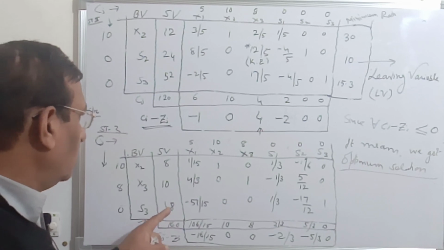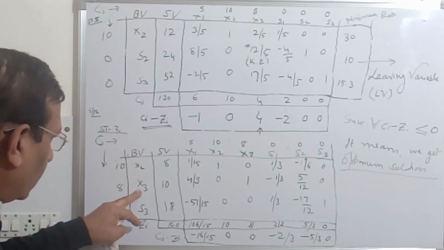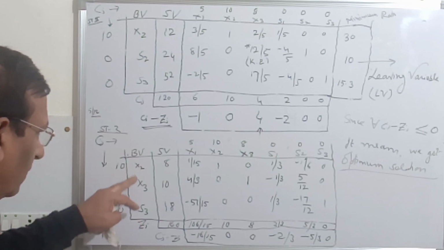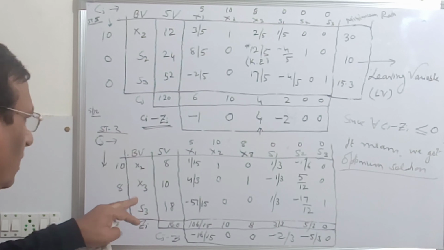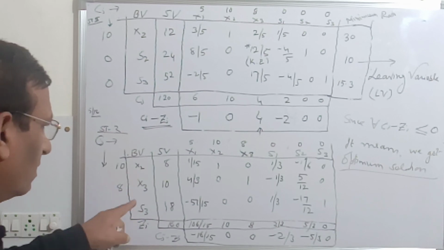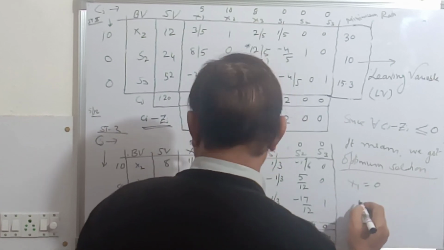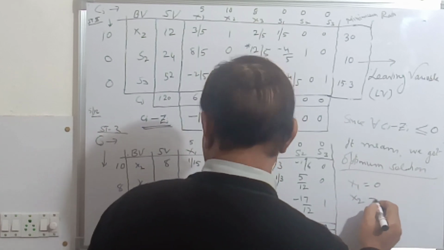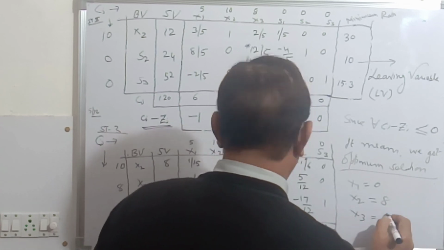You have to write down the solution from the last table. Here you have got x2, x3. These are your decision variables. S3 is a basic variable with 0 coefficient. So x1 is not here, which means x1 should be 0, x2 is 8 and x3 is 10.